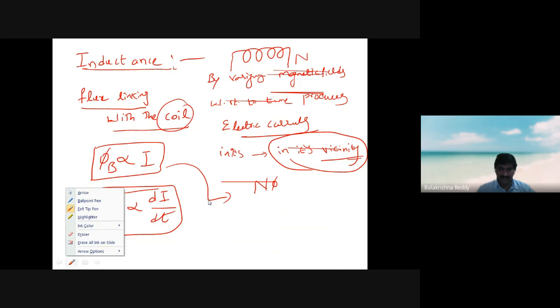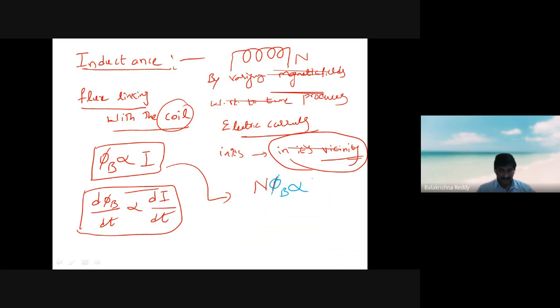So we can say there is proportionality: N times the flux, the number of turns linked with the magnetic flux, is directly proportional to the amount of current induced in it.